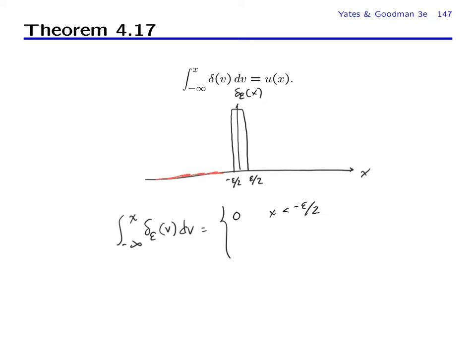On the other hand, if x is greater than epsilon over 2, say x is over here, then we're going to integrate the area under the curve from minus infinity all the way up to x. The area under the curve is always equal to 1.